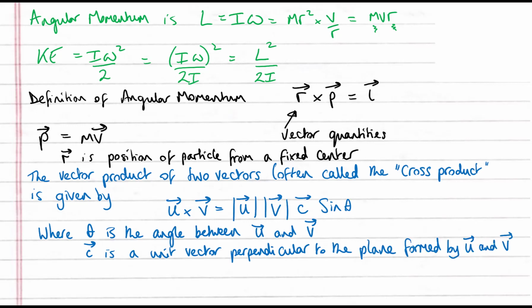So it turns out that when we think back to our definition up here, this vector for angular momentum is a vector perpendicular to the plane formed by the radius and the momentum, those vector quantities.